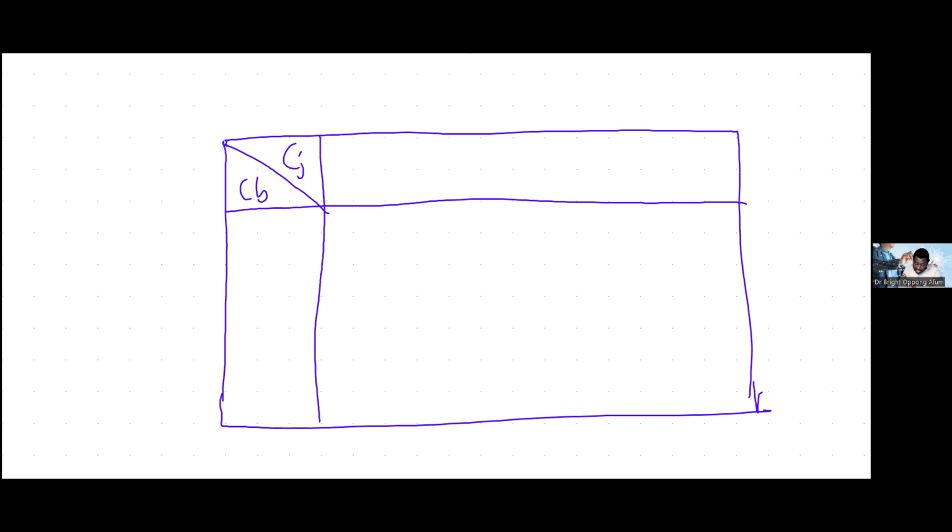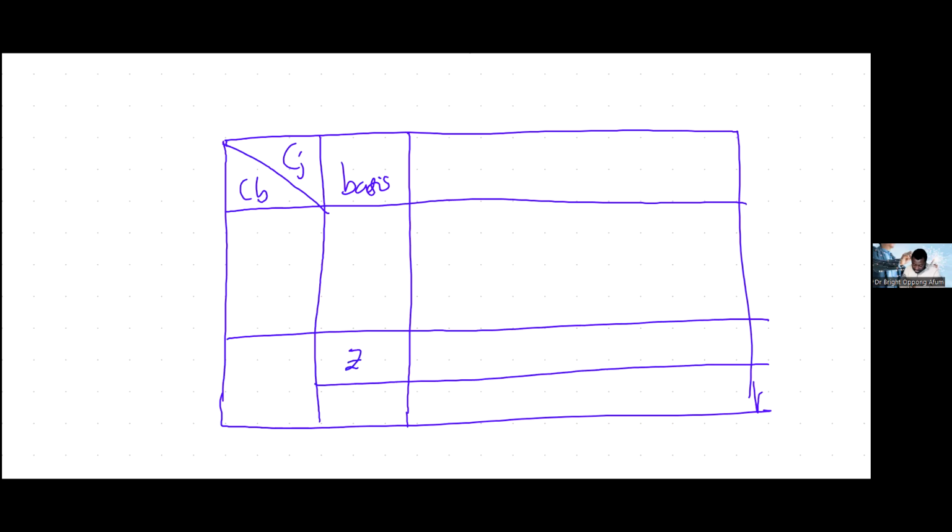I have the basis here, then Zj and Cj minus Zj, then we have bi. I think I can get a ruler here. I always forget this. It should give me a straight line, and I'll change it to blue. Yeah, that's fine.